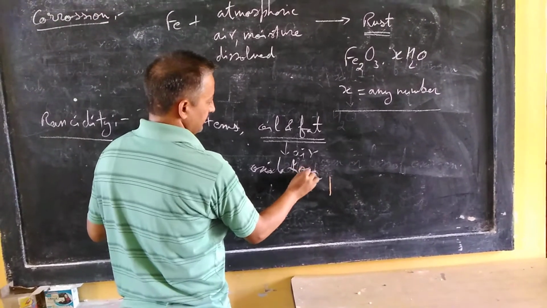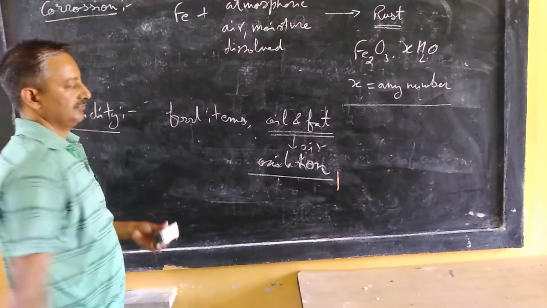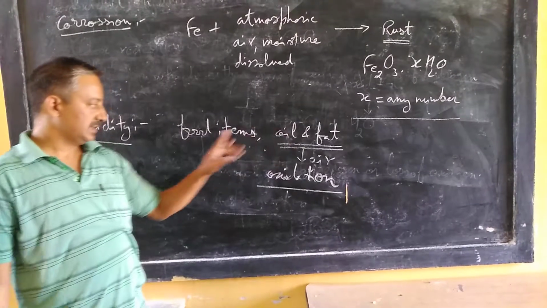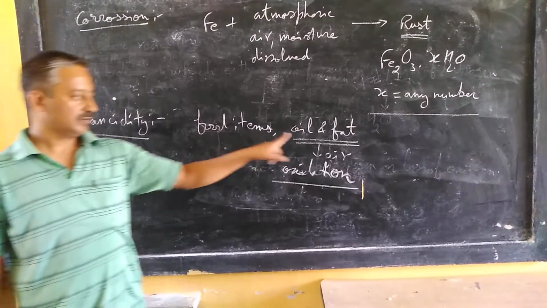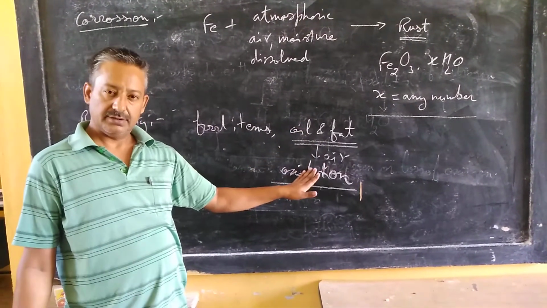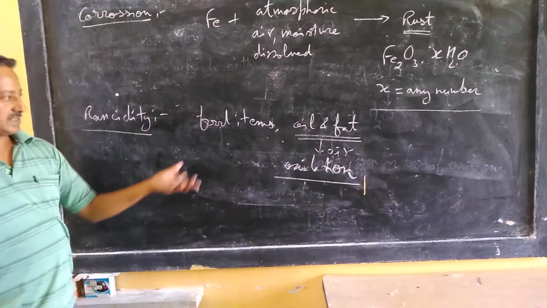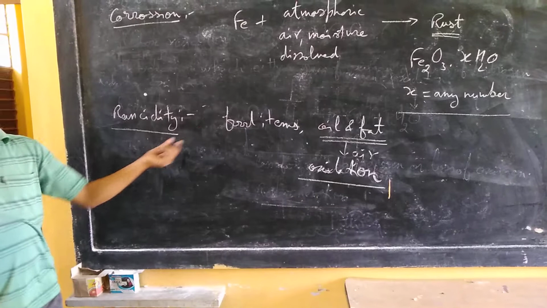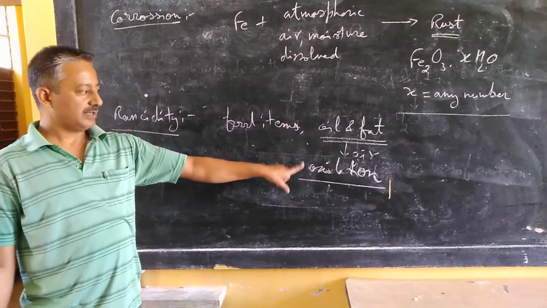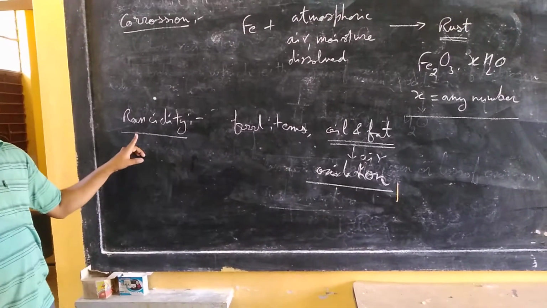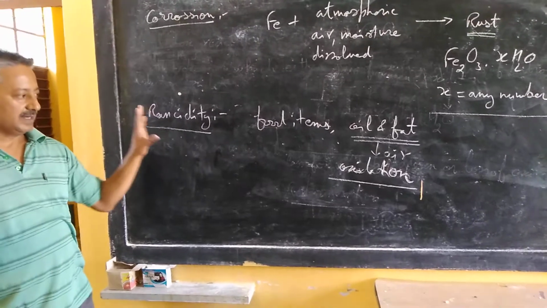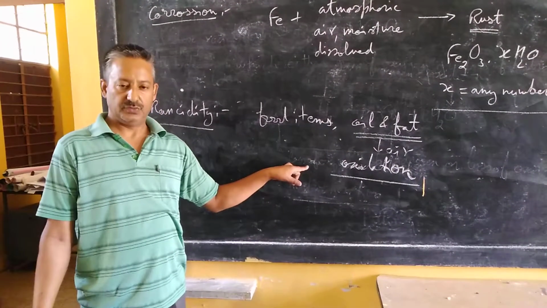If oil and fat present in food items undergoes oxidation, then the natural taste and flavor of that particular food item changes. That process is called rancidity, and such food is called rancid food.